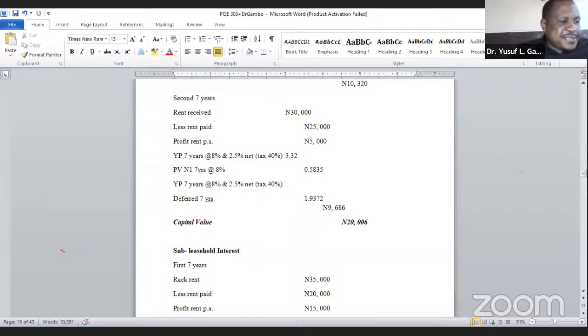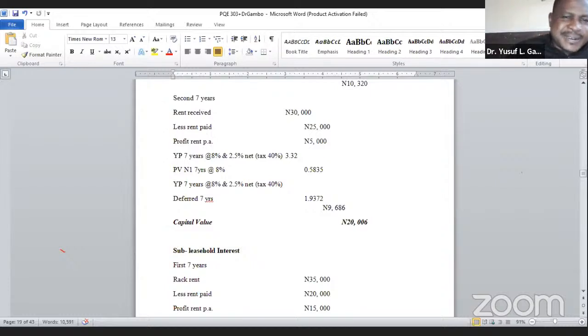First 7 years, rent received is 23,000, and the rent paid is 20,000 from the question. So profit rent per annum is 3,000 naira.